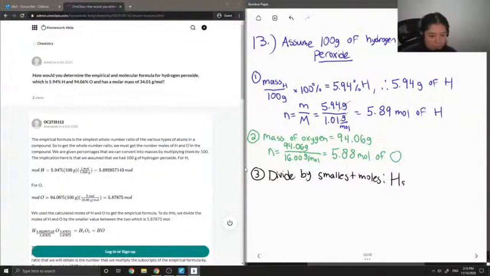It was 5.89 moles divided by basically almost the same thing, 5.88. I'm going to do the same thing for oxygen. And we get an empirical formula of H1O1. So let me just label that this is our empirical formula.